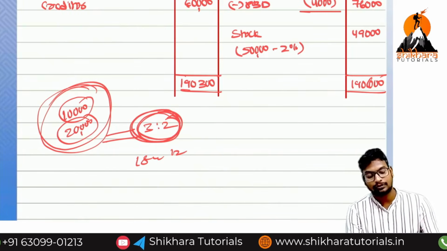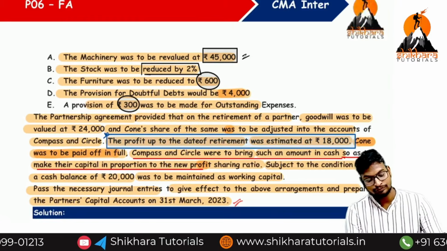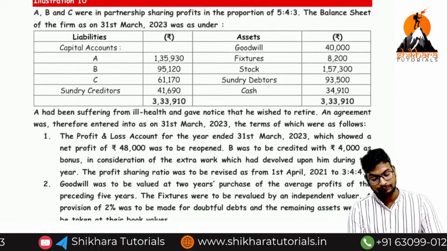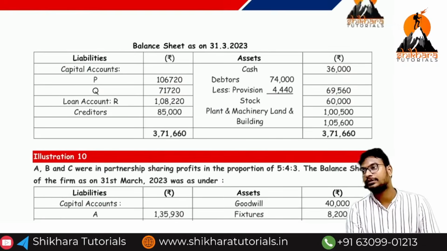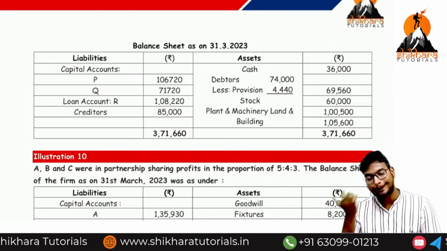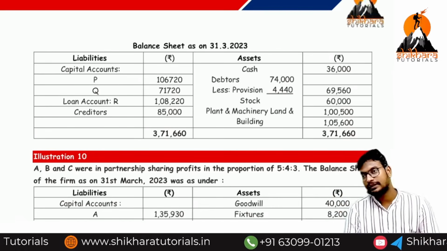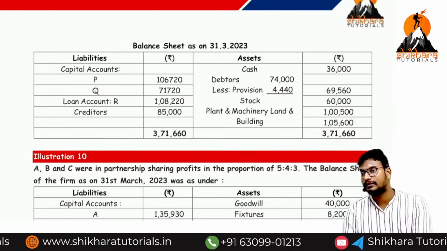So you need to solve which question, Amma? You need to solve on your own the 10th question and 9th question. First you need to solve the 9th question at least. Okay, Amma? So 10th question and 9th. In the next class we can see the admission cum retirement and death.